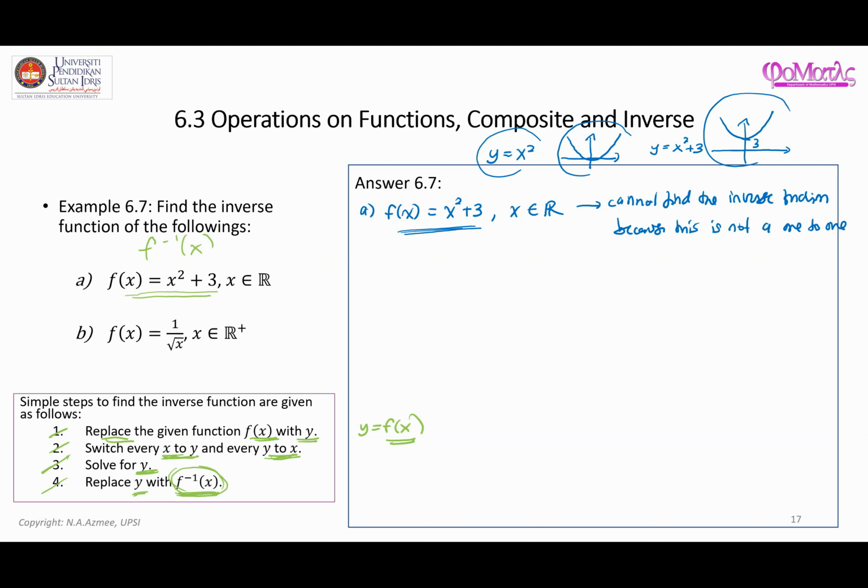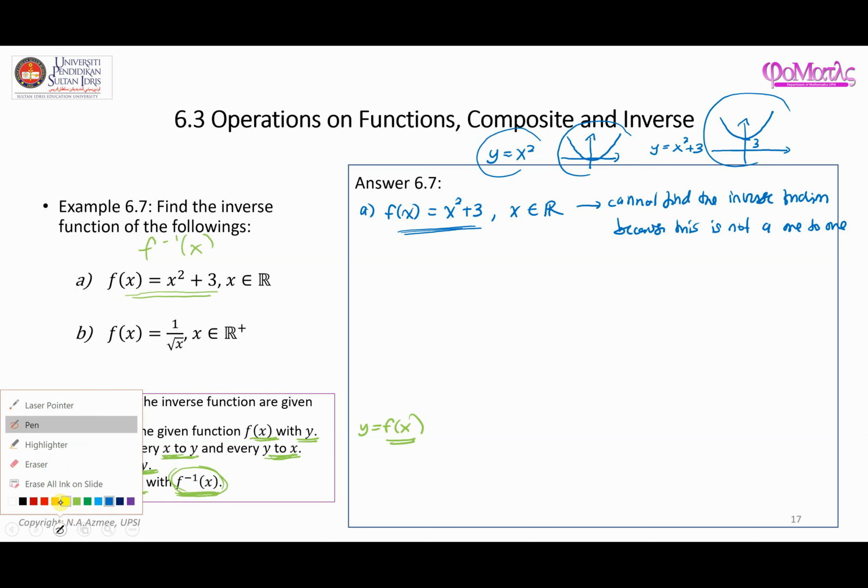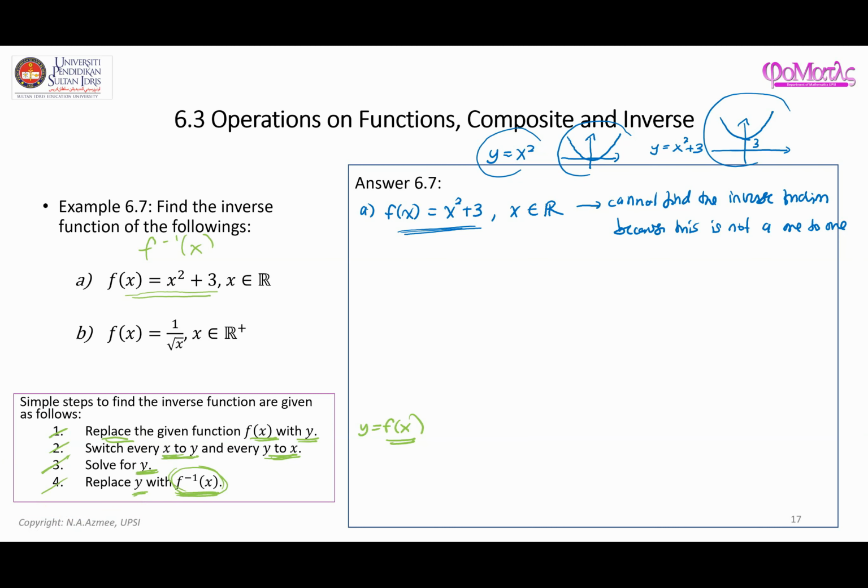Next, we're going to try and solve question B. So f(x) is equal to 1 over square root of x, and x is specifically a real number, and to be more specific, it is a positive real number, so from 0 until positive infinity. And again, if it helps, let me just sketch how this function looks like.